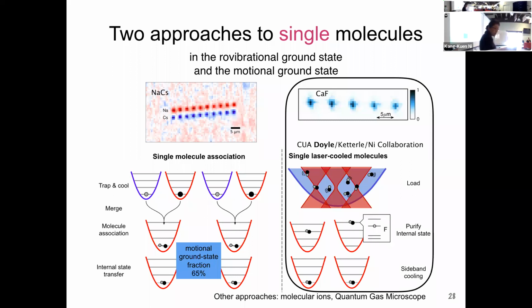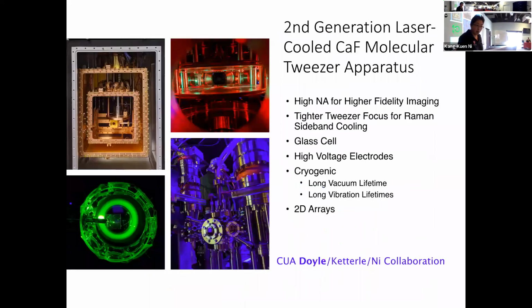The experiment is now in its second generation, where we have this pretty picture of the apparatus, with the capability of much tighter tweezers than the initial demonstration. The glass cell has large optical access, a high voltage electrode inside, and compatibility with cryogenics if we want to shield out blackbody radiation and possibly also go into 2 dimensions.